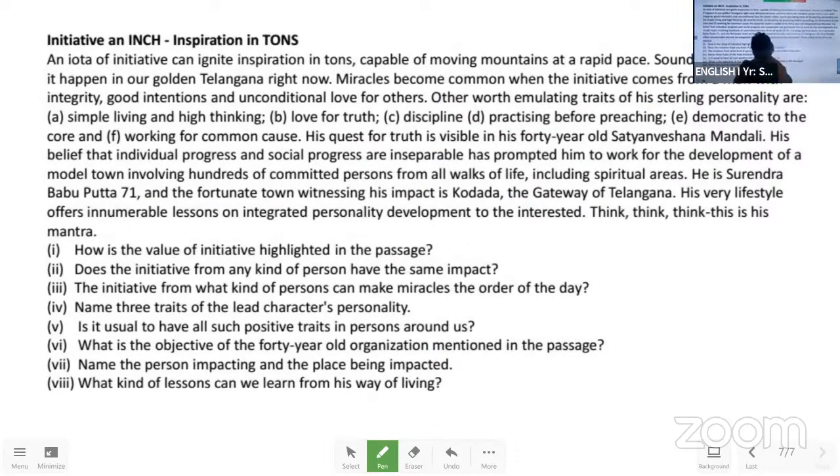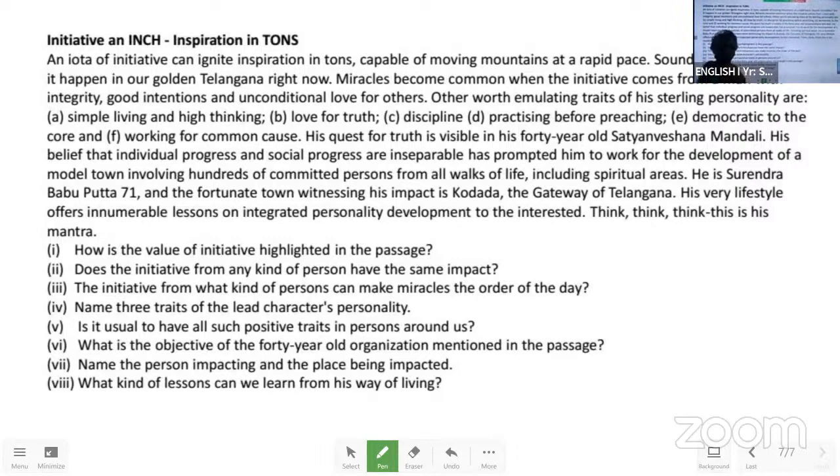Mandali, his belief that individual progress and social progress are inseparable has prompted him to work for the development of a model town involving hundreds of committed persons from all walks of life, including spiritual areas.